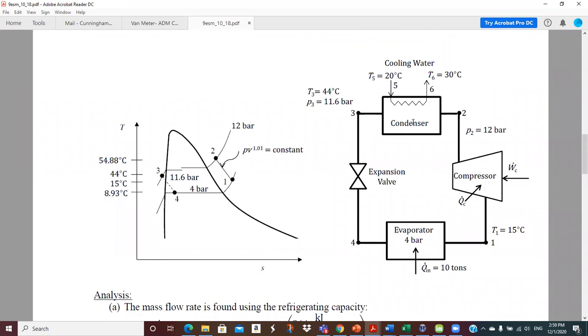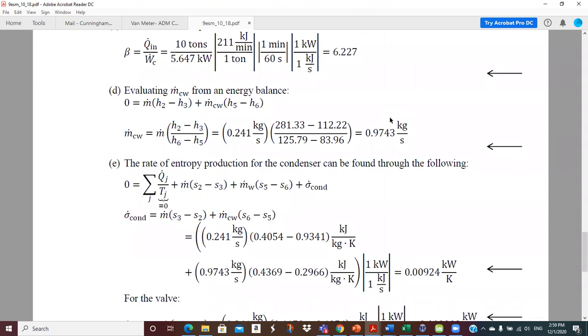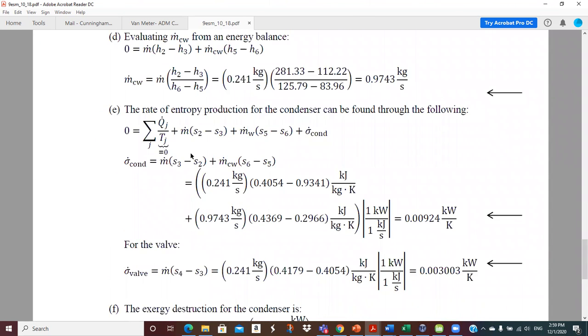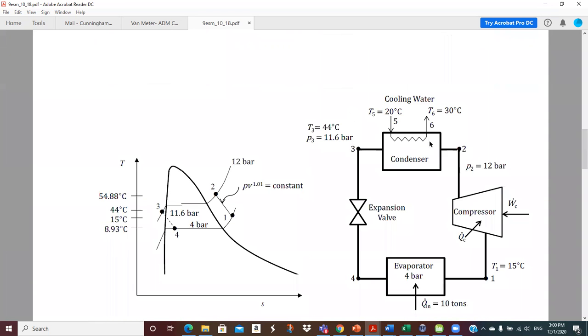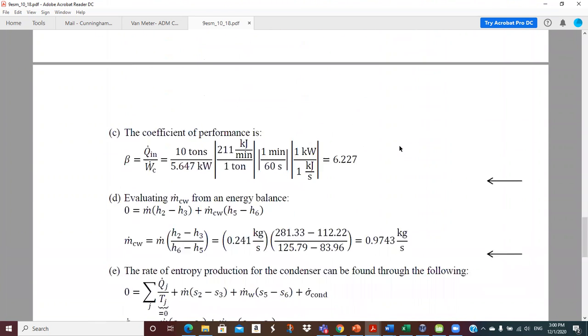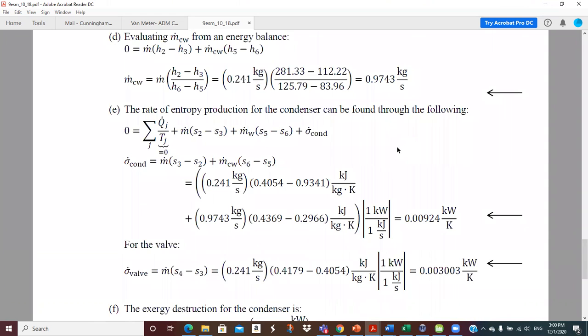All of it is internal. So we just have the flow terms up here. That's the mass flow rate of the refrigerant times coming in is 2, leaving is 3, plus the mass flow rate of the water coming in at 5 and leaving at 6. So that looks to be correct.